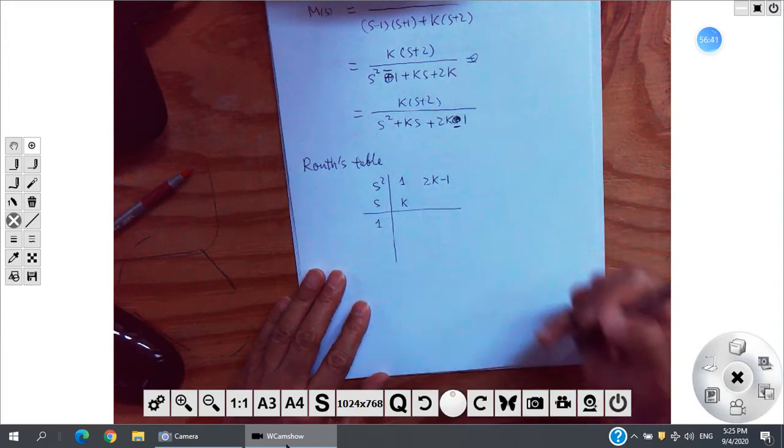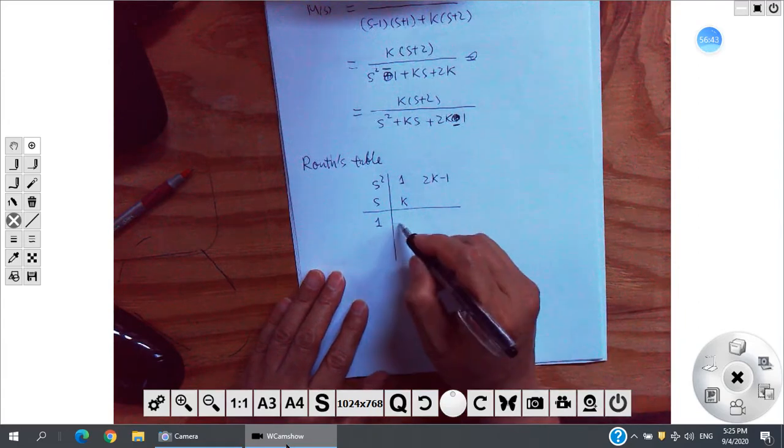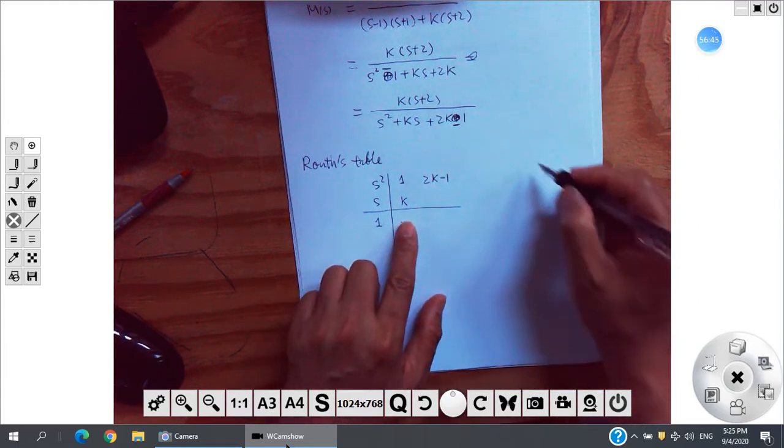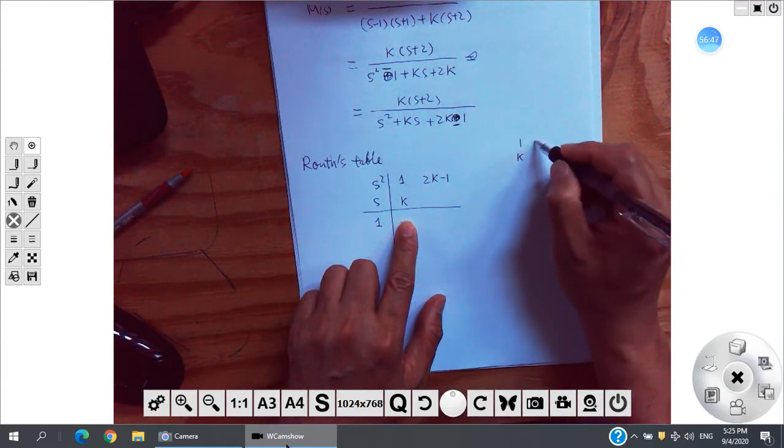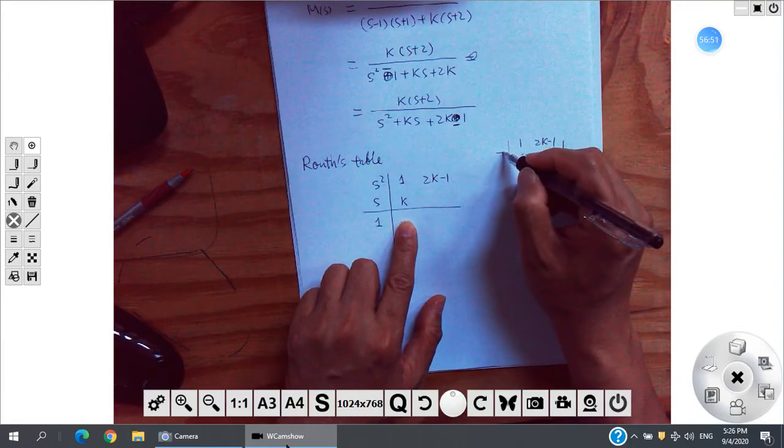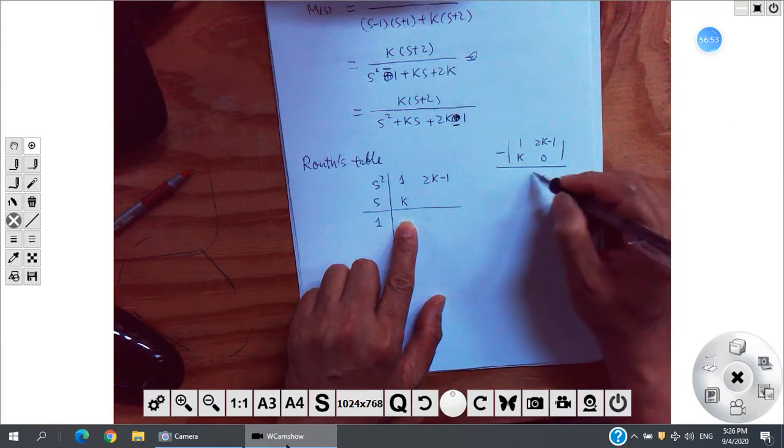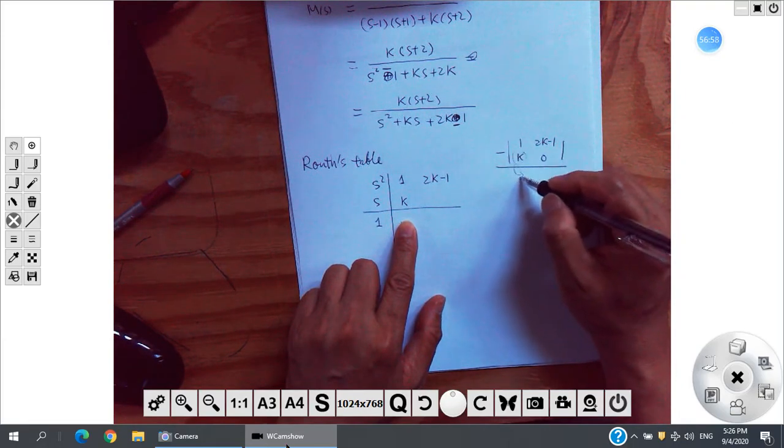Then we need a calculation here: 1 and k, 2k minus 1, is 0, divided by k.